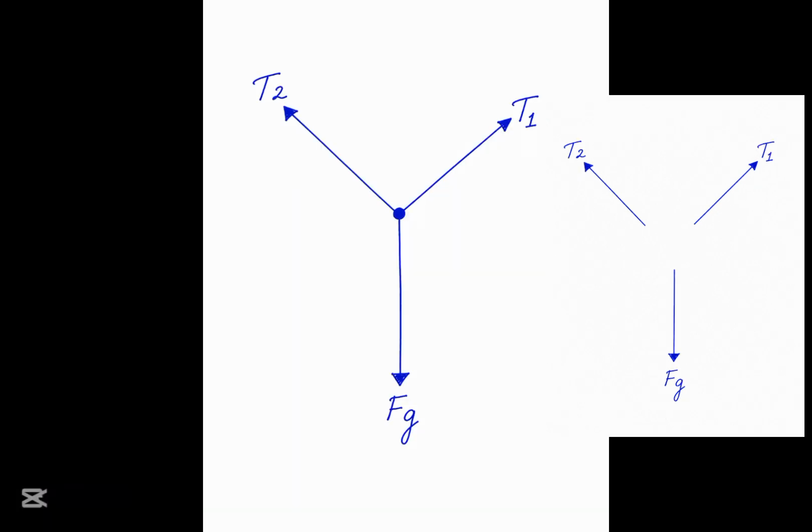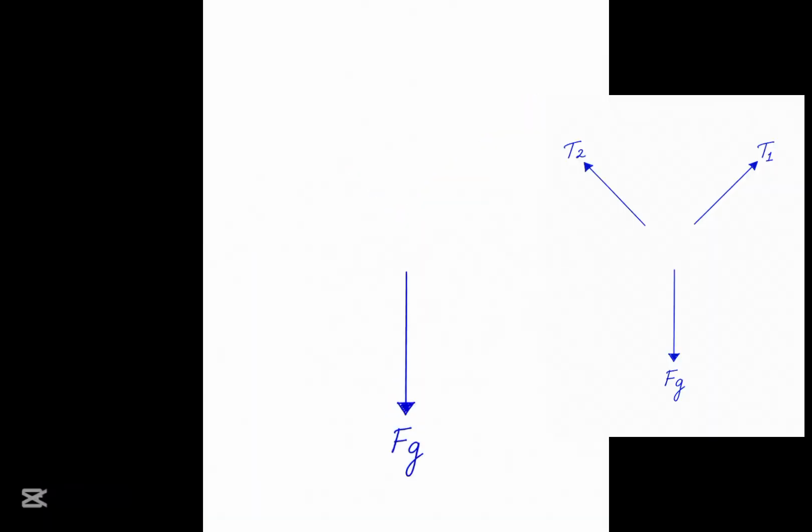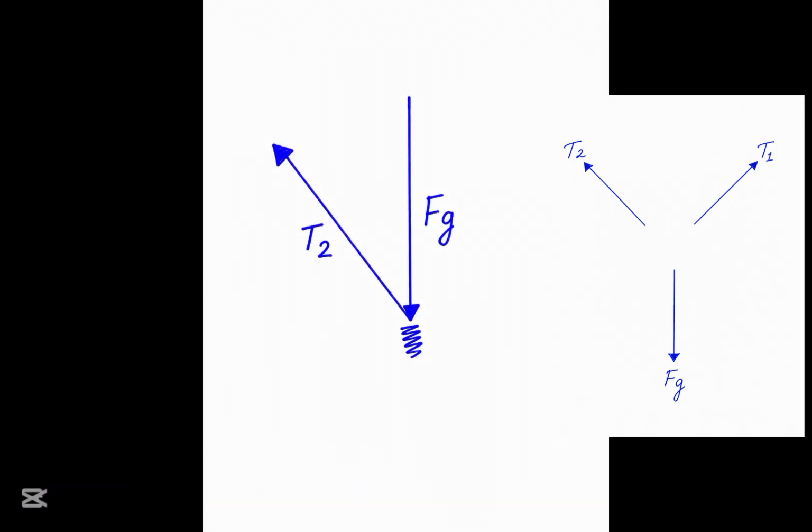Or you can form it in a different way. You can write Fg this side, and then T2. T2 is going there. You see, we are trying to form a triangle. And then our T1 is going to the right. So we are going to form a triangle with T2 and T1.